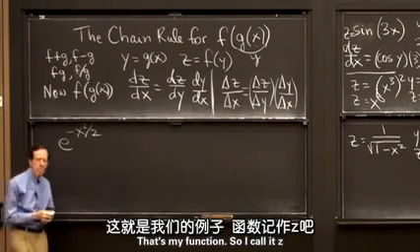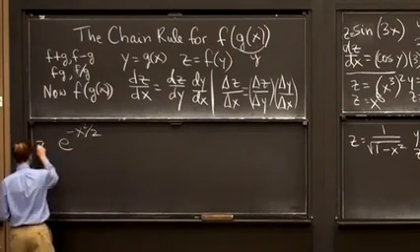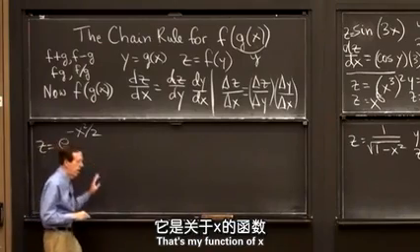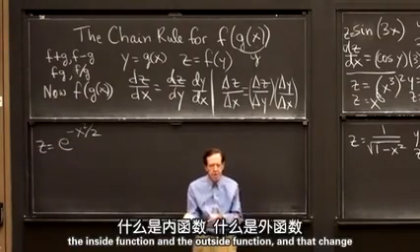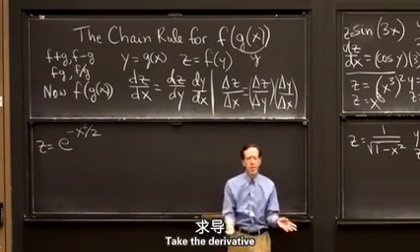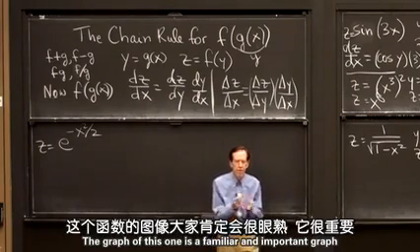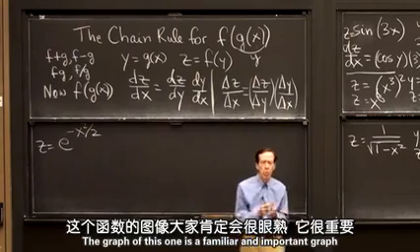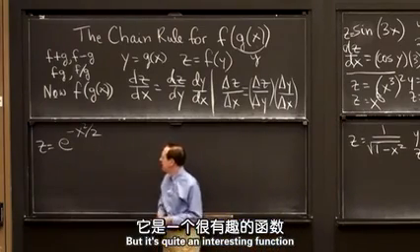That's my function. Shall I call it z? That's my function of x. So I want you to identify the inside function and the outside function in that change, take the derivative, and then let's look at the graph for this one. The graph of this one is a familiar, important graph, and quite an interesting function.